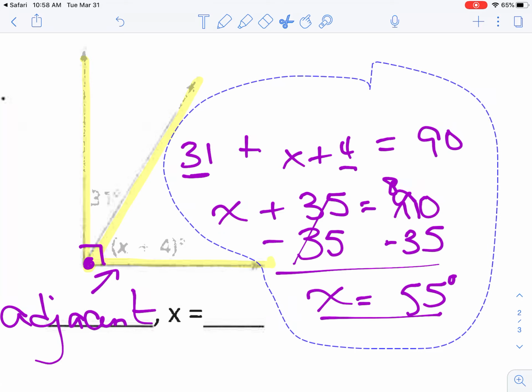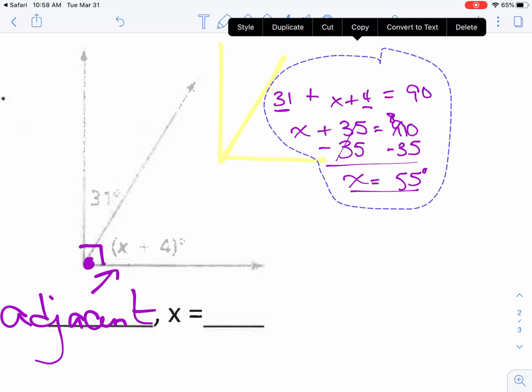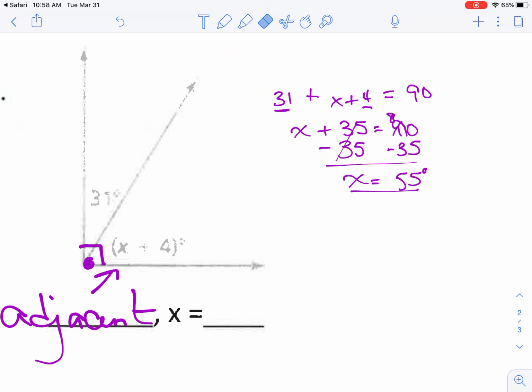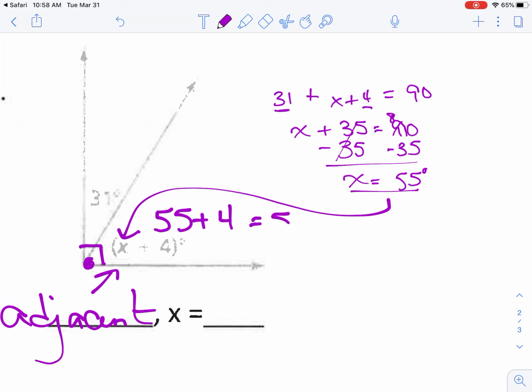I'm going to cut this, make it a little bit smaller. Okay, we're gonna now put that 55 right in there for x. So 55 plus 4 is 59 degrees. Okay.